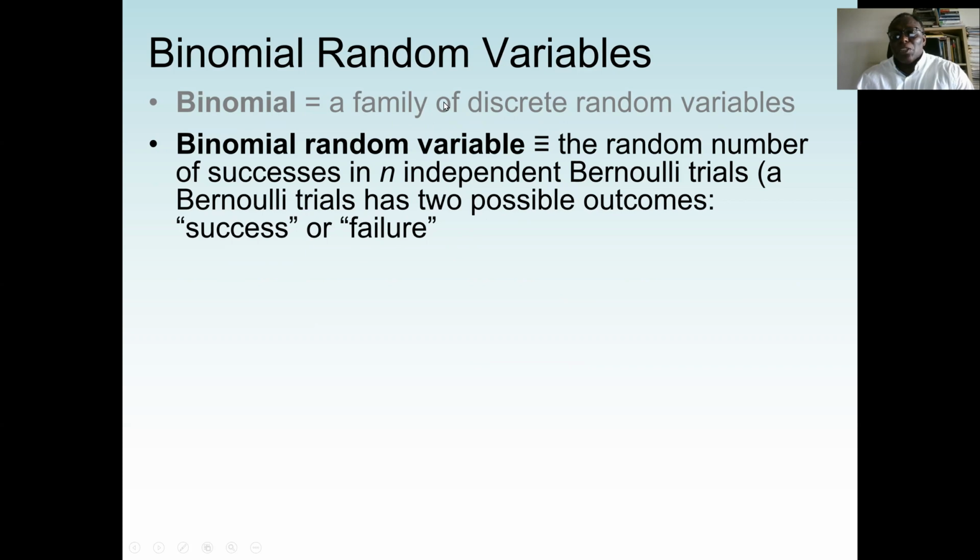The data have to be based on counting. So we say a binomial random variable is the random number of successes in n independent Bernoulli trials. Bernoulli trials have only 2 outcomes. Here we say it has 2 possible outcomes, either true or false, success or failure, positive or negative.